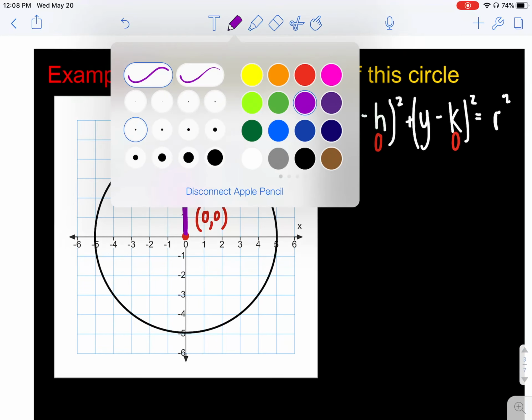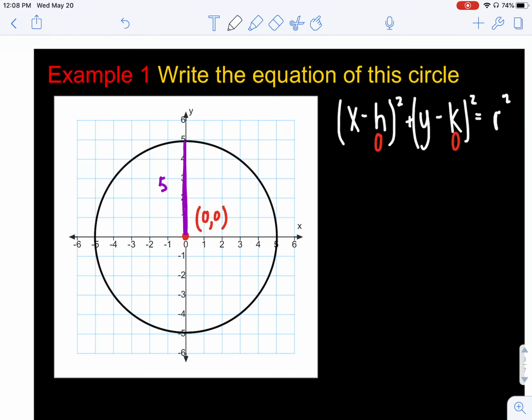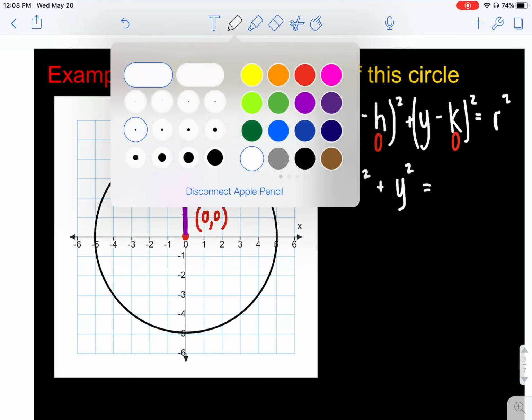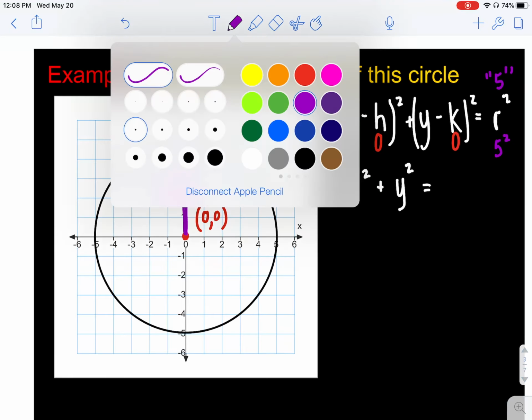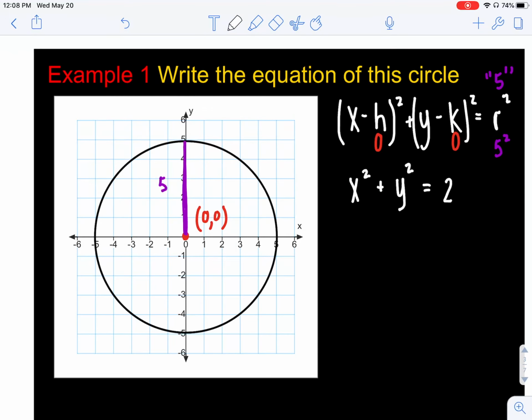So when I complete this equation and clean it up, I have x minus 0 squared, that's just x squared, plus y minus 0 squared, that's just y squared, equal to 5 squared, which is 25. So x squared plus y squared equals 25 is the equation for that circle.